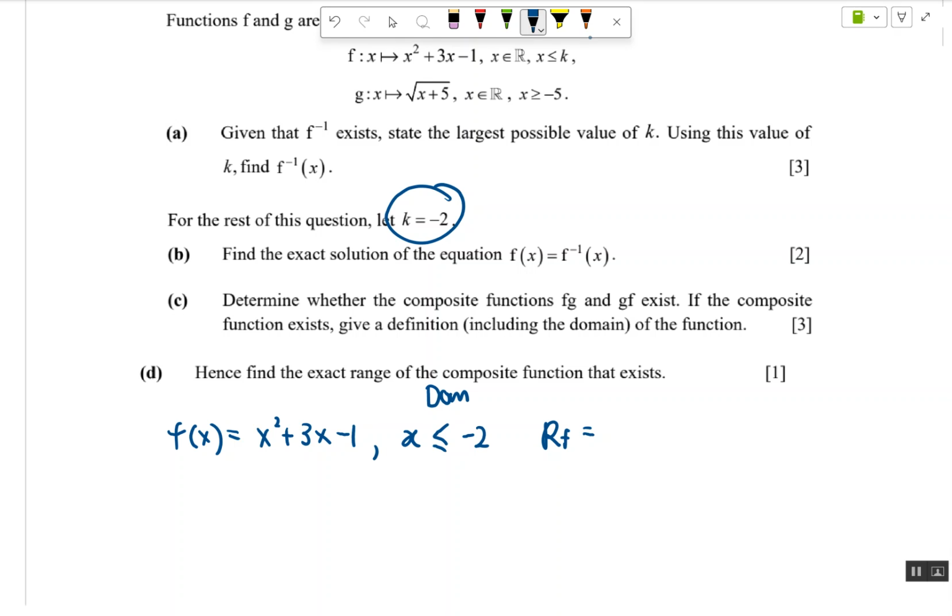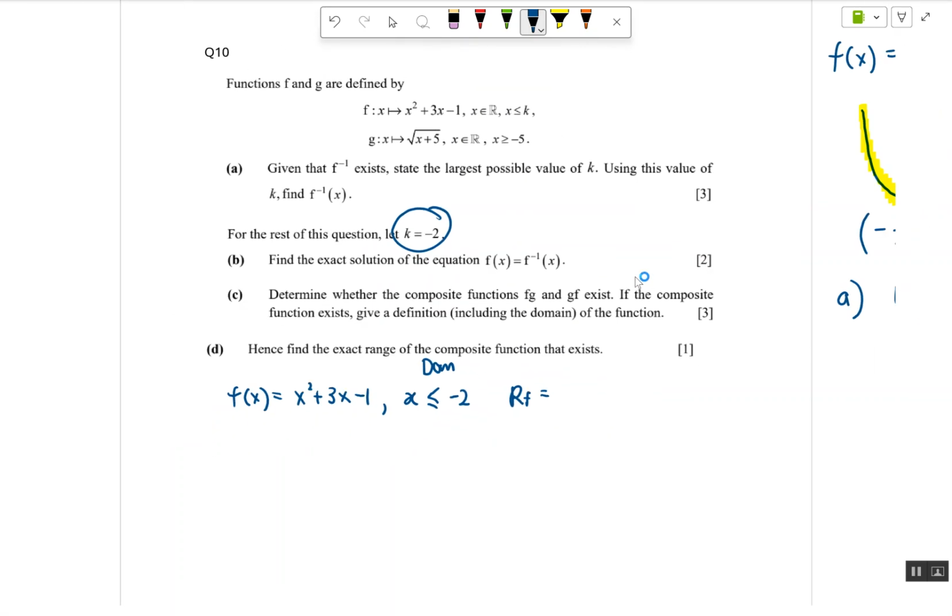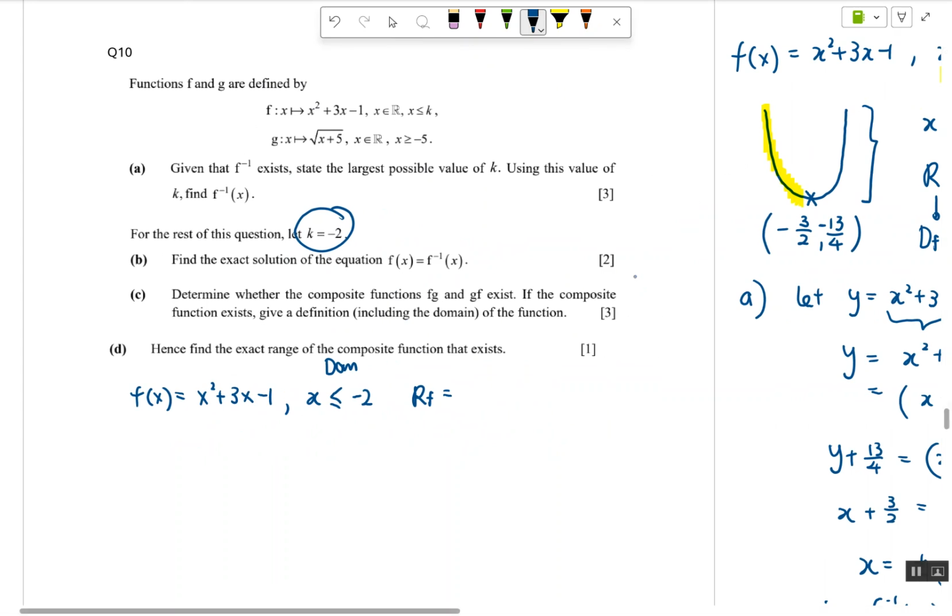I will use my calculator and plot it out. But actually, I know that it is going to be a quadratic like that. So I sub in, when x is equal to negative 2, my y is equal to negative 3.